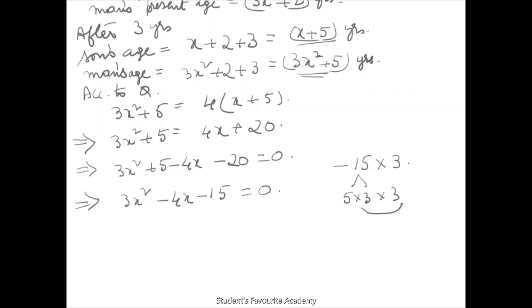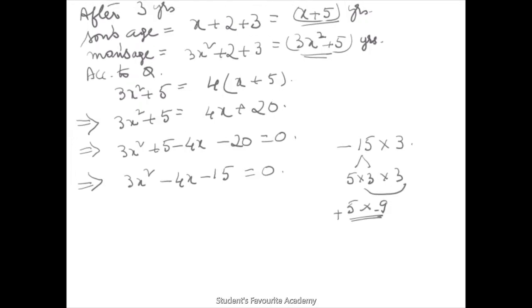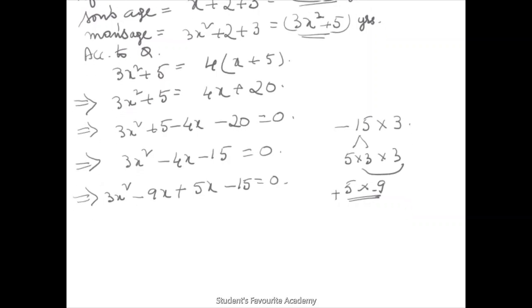Now 3 into 3 is 9, 9 into 5 and their difference is 4. So minus 9 plus 5 will give us minus 4 and the product will be minus 15. So 3x square minus 9x plus 5x minus 15 is equal to 0.